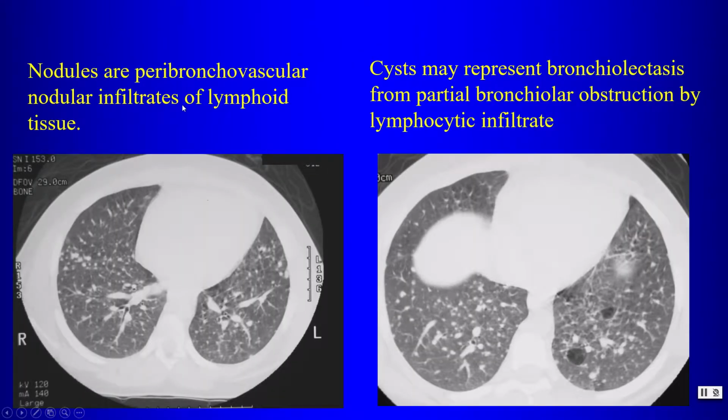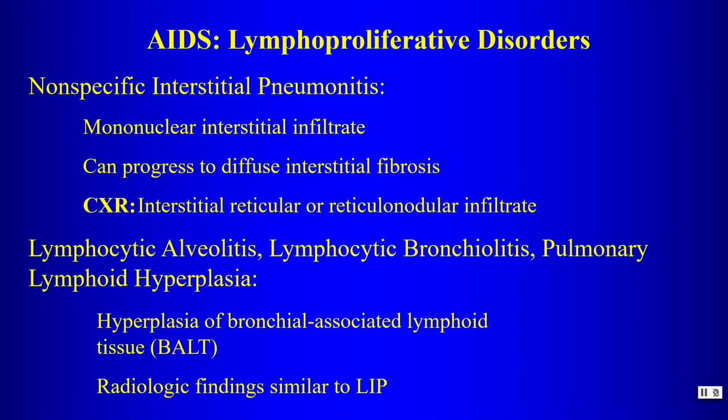The nodules can be peribronchovascular, can have a perilymphatic distribution, and as we've said, the cystic lesions can also occur. This combination of cystic lesions and nodules, especially with a perilymphatic distribution of nodules, should bring to mind LIP in patients who are HIV positive.